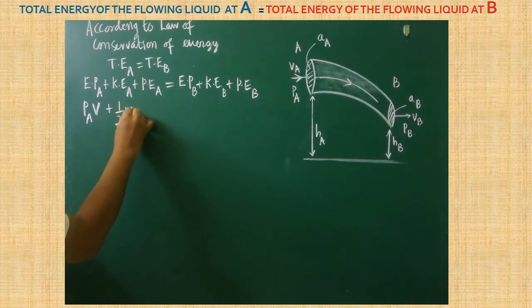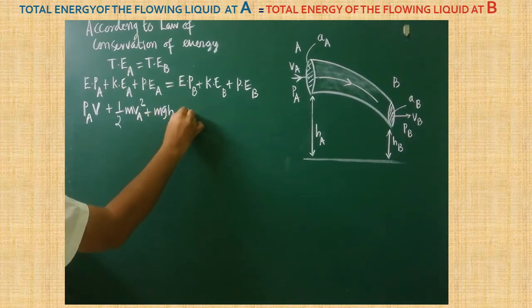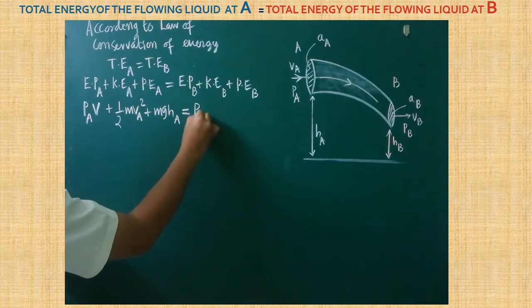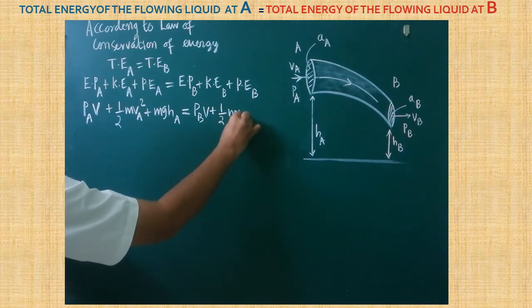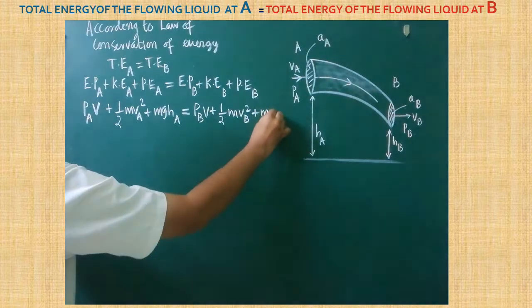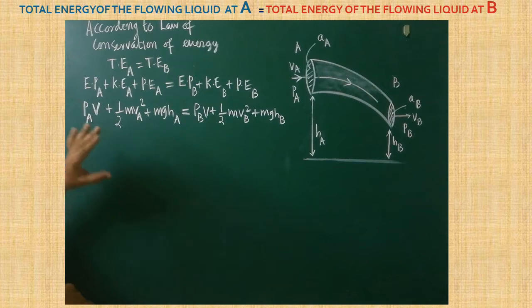Half m VA square. Plus m g HA, which is equal to, the same kind of thing must be written here: PB V plus half m VB square plus m g HB. So on either side, all the expressions are properly written.